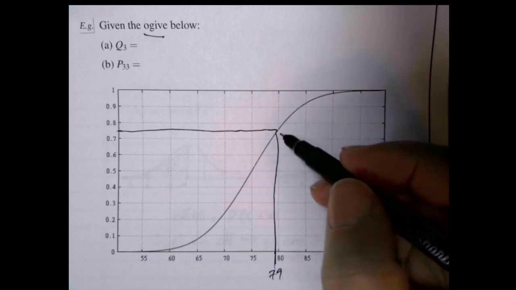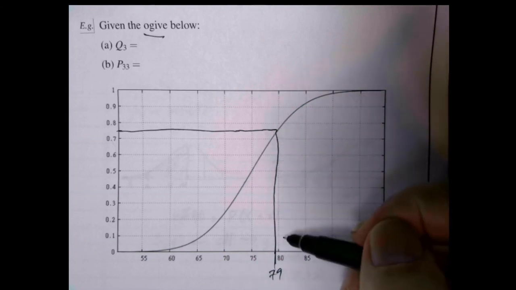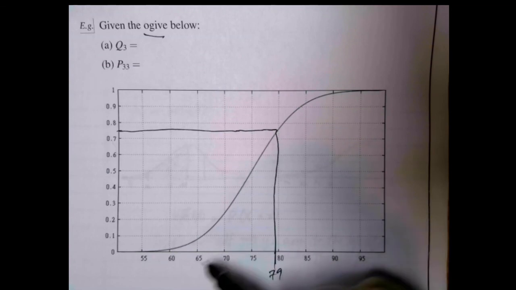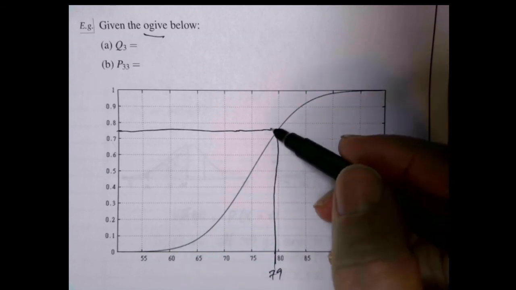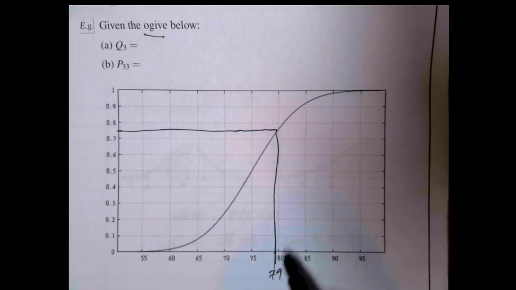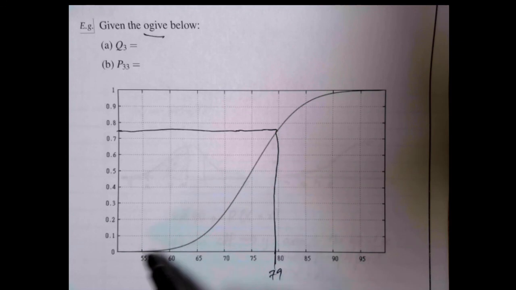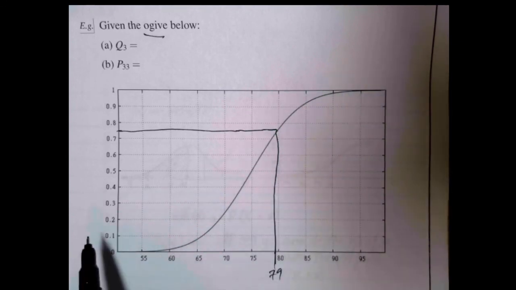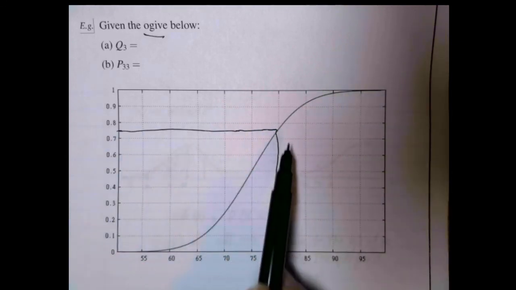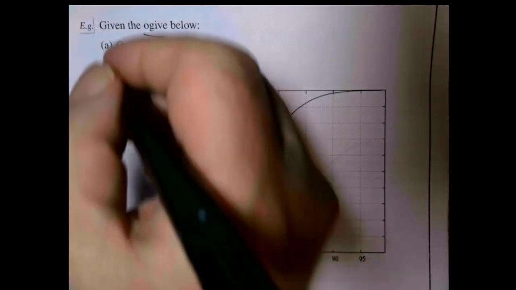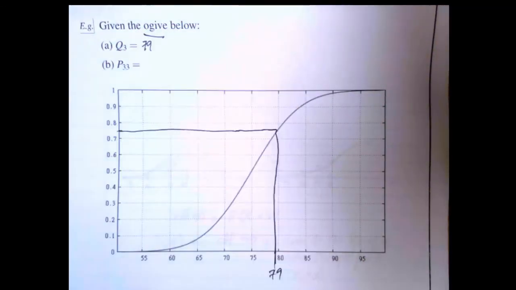I'm just estimating from a graph, so that's close enough. So this would say that when x is 79, y is 0.75. That is, about 3/4 of the area under the PDF, of which this is the CDF, is to the left of 79. So you would say that Q3 is about 79.